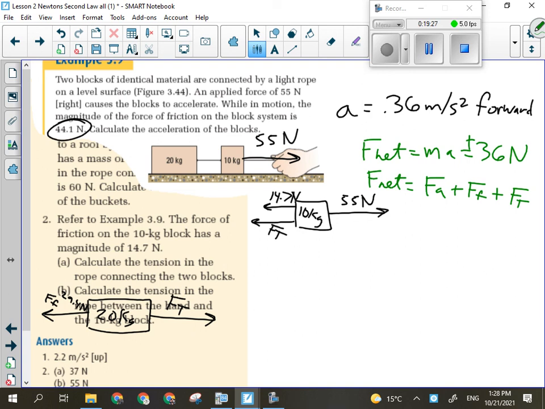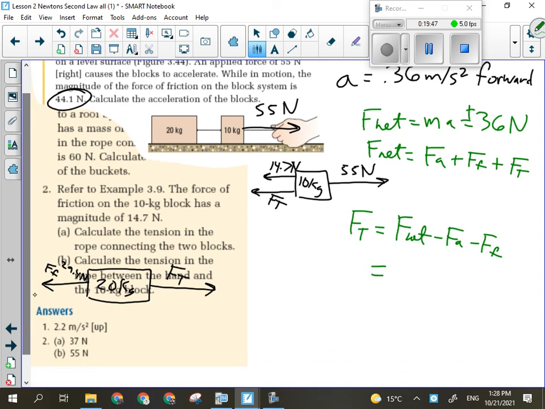So if I want to calculate Ft, I'm just going to go F net minus the other ones. So minus applied force minus the force of friction. What's key here is the vectors. If I don't assign positives and negatives correctly, I don't get the right answer. Right?